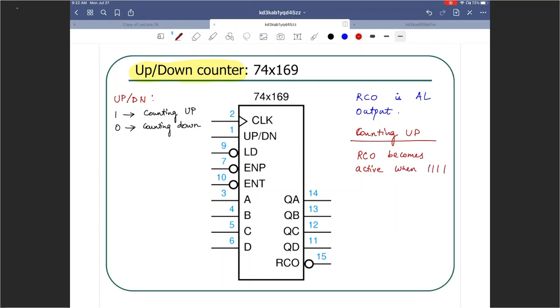So when the output is 1111, this will become active if you are counting up.